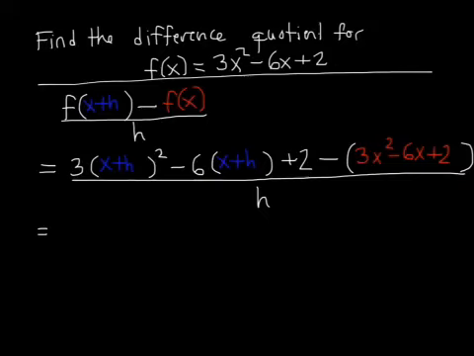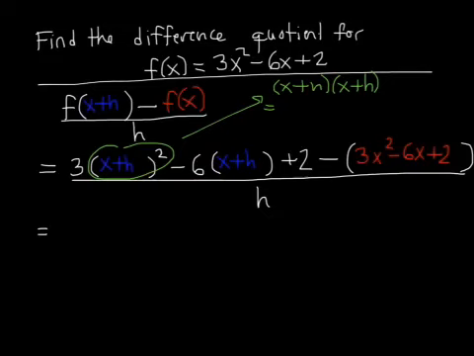The next thing we need to do is simplify this down. And that's going to begin right here by squaring out x plus h. Now remember, when you go to square out x plus h, what does this mean? Well, this thing in fact means, off to the side here, that you have x plus h times itself. And when you multiply x plus h times itself, it becomes necessary for you to distribute this out.